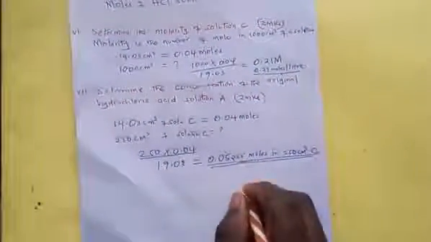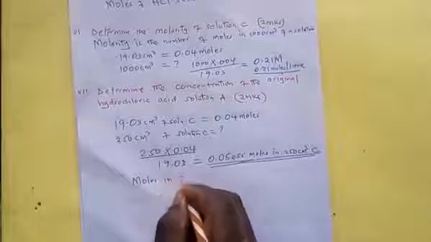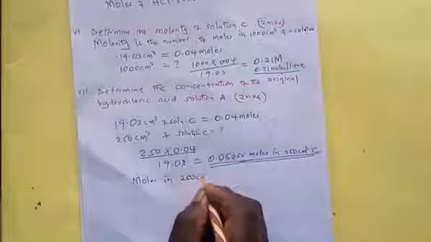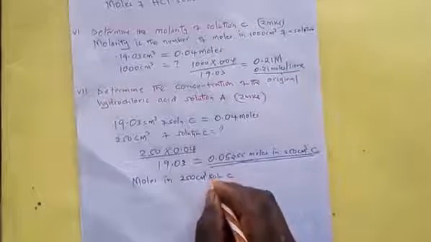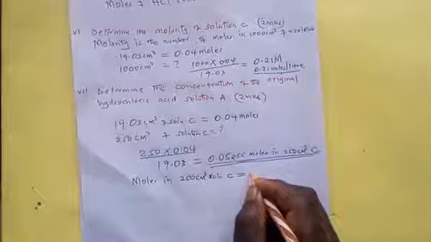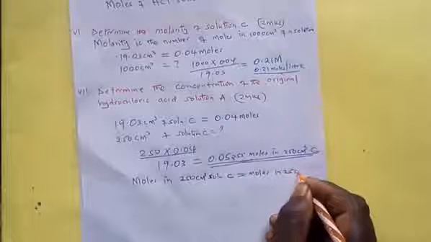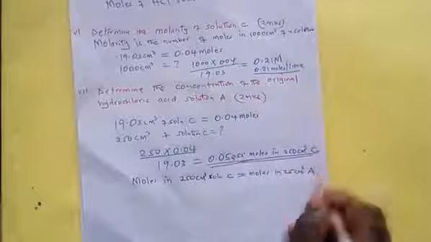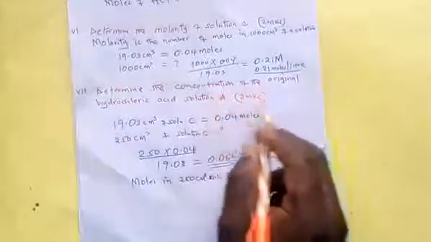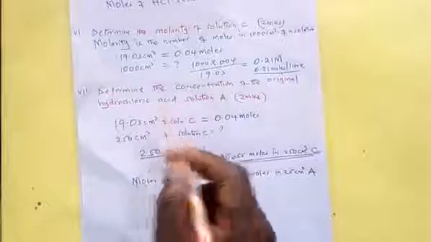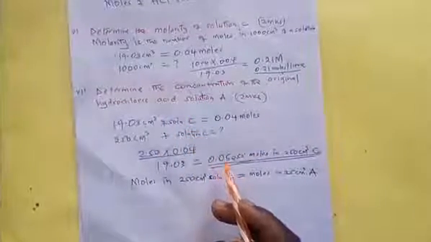So remember now, meaning that moles in 250 centimeters cube solution C equal to moles in 25 centimeters cube solution A. Okay? Now the question is asking me to determine the concentration of the original, so the concentration, right? Which is simple.